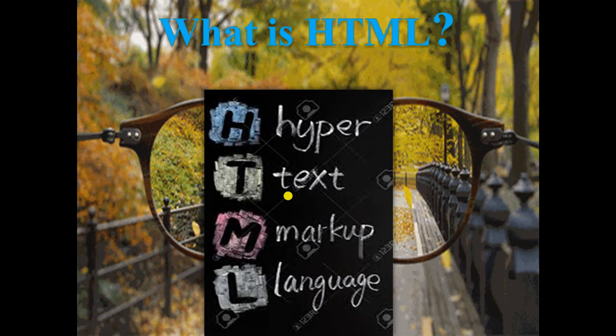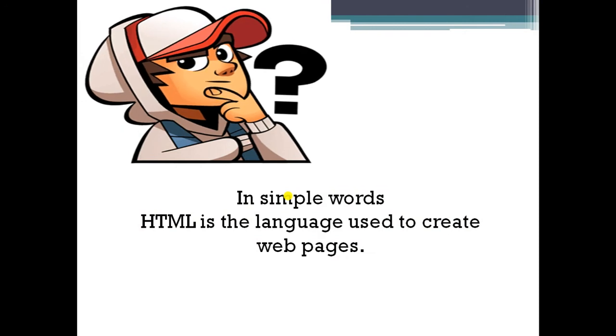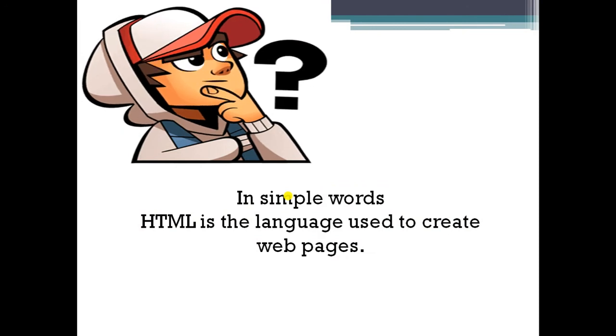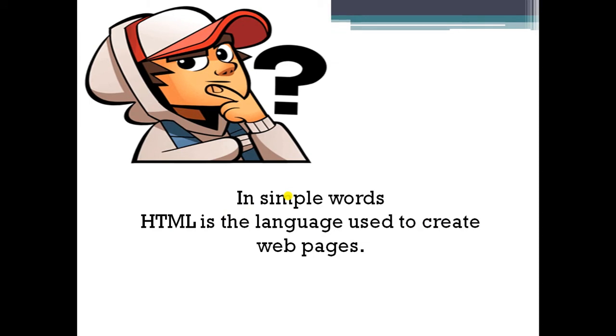It has already changed the way of working, shopping, banking, and also our living standards. So, HTML is a computer language that is devised to allow website creation. Confused? Let me explain. In simple words, it is a language that is used to create web pages.